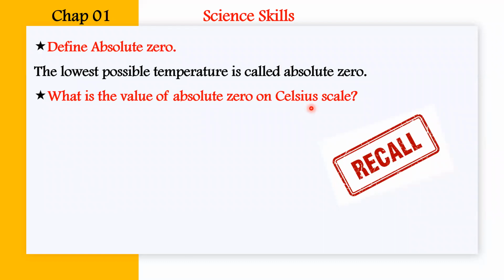Unmute yourself and answer this, please. Sir, what does absolute zero mean? Absolute zero is defined here. The lowest possible temperature is called absolute zero.